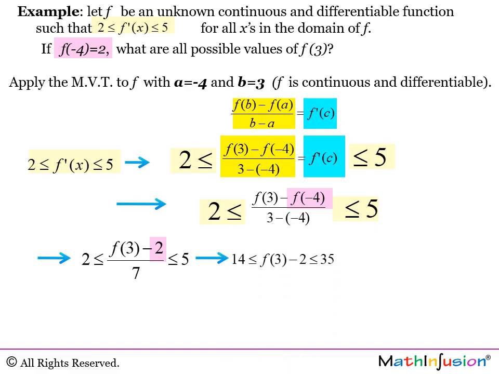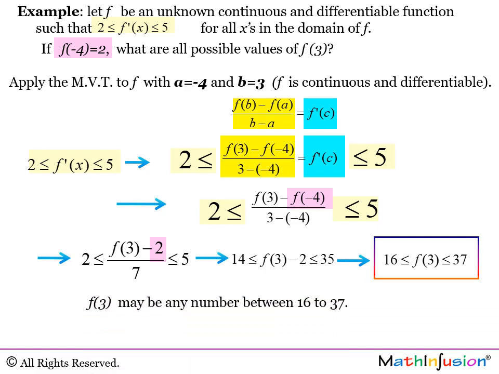We'll multiply everything by 7, and we'll add now 2. So we get that f of 3 is greater than or equal to 16 and less than or equal to 37, which means that all possible values of f of 3 are between 16, including 16, and 37, including 37.